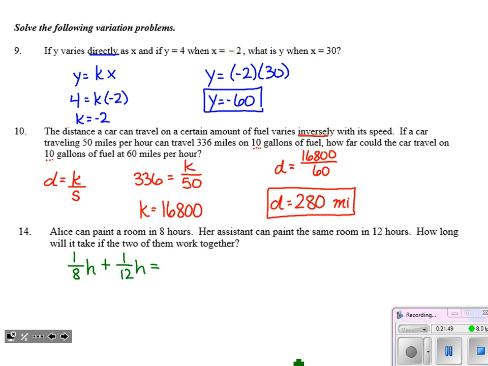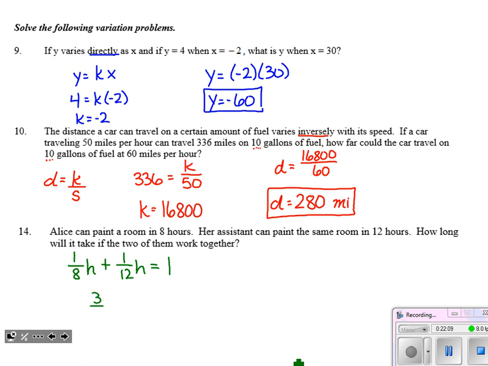All right, well, the two of them combined, I want them to paint one room. So I'm just solving for h. How many hours are they both working? If those are their respective rates per hour, we've got this nice little equation set up, and it requires some common denominators. In this case, the least common denominator is 24.